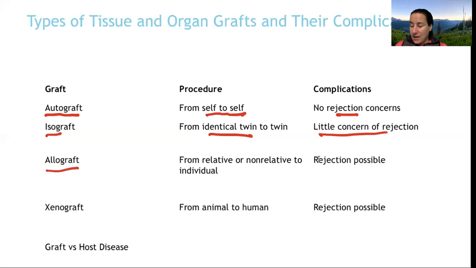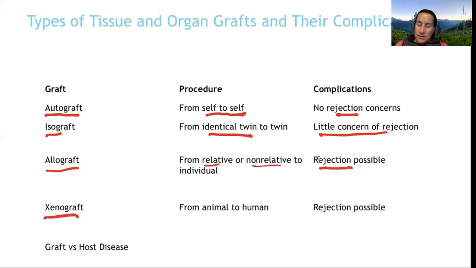This is a relative or non-relative, and it is highly likely that rejection could happen because this is not your tissue. Your immune system can catch on to this and be like, what is up with this? This is not me. This is not ourselves, and start to attack it. So in the case of an allograft, you would need to be on immunosuppressants to hopefully prevent that from happening.